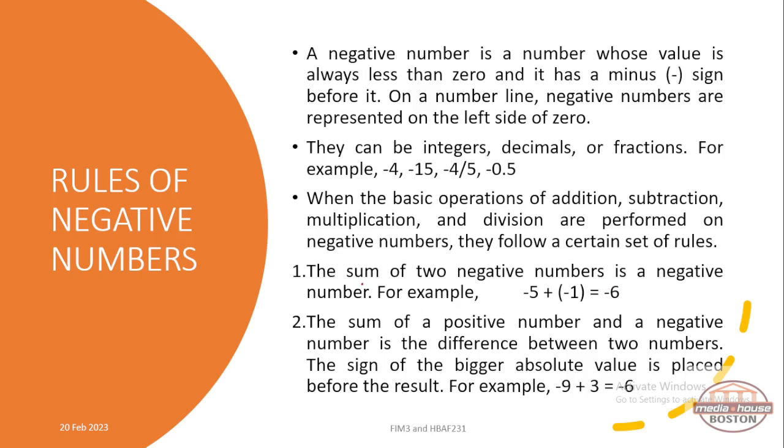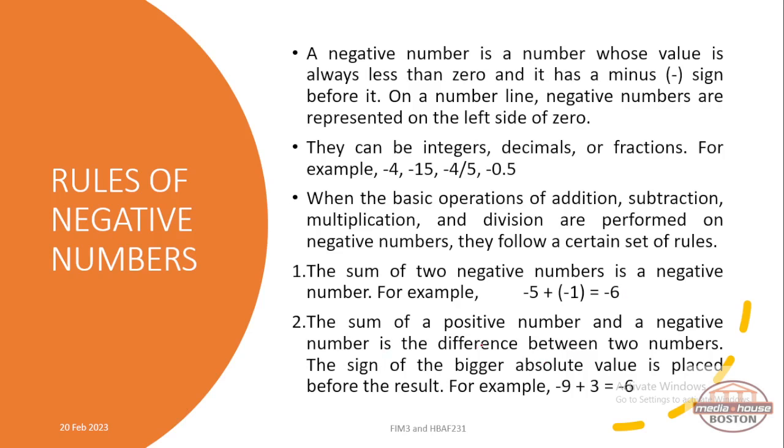Sorry about that. It says that the sum of two negative numbers is a negative number. So if you are summing up two negative numbers, the final amount will be a negative number. Say minus 5 plus minus 1, so therefore we're going to have what? A minus 6. If you're adding two negative numbers, just add the two and then put a negative sign.